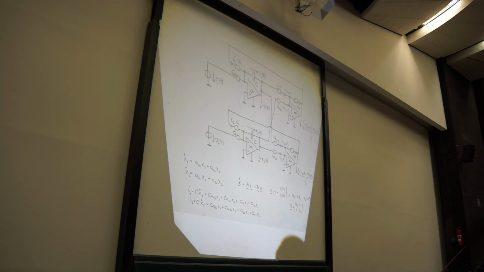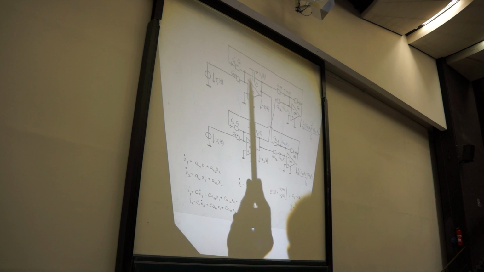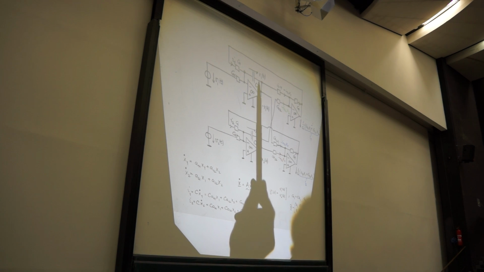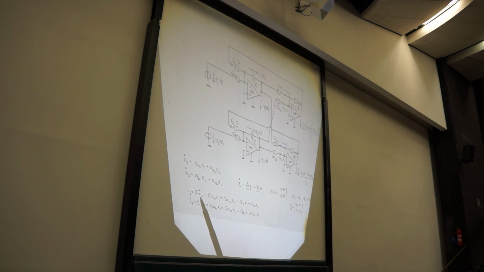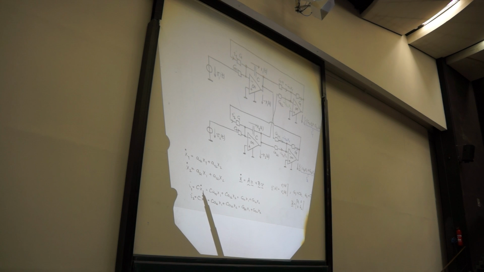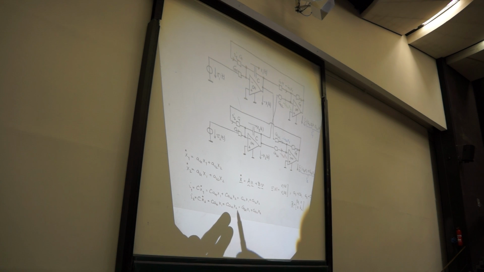Since we know that any current flowing through a capacitance has to cause a change in the voltage across the capacitance, because current through the capacitance is capacitance value times the time derivative of the voltage, we have I1 is C times X1 dot. And X1 dot should be equal to that. Therefore, we simply multiply, and that is equal to the current.